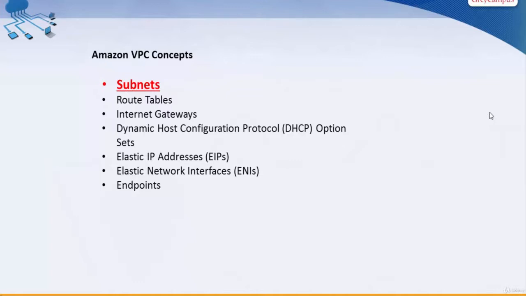Let's talk about VPC subnets. A VPC subnet is a range of IP addresses in our VPC. Now I can launch instances, I can launch computers, I can launch database computers, and I have the option of picking which subnet I want to launch my EC2 computer in.